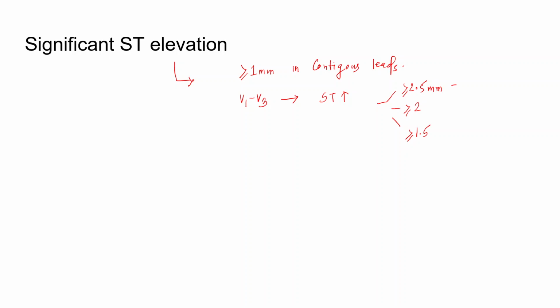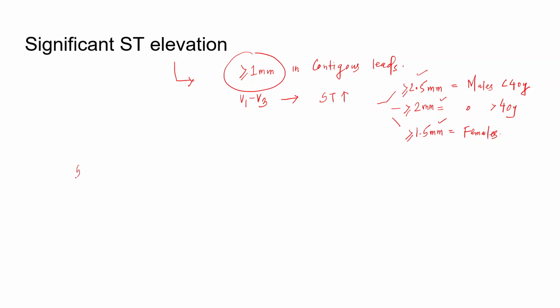More than or equal to 2.5 mm is true for males less than 40 years of age, more than or equal to 2 mm for males more than 40 years of age, and more than or equal to 1.5 mm for females. Okay. Now this is called significant ST elevation. This is important, and these numbers are important.